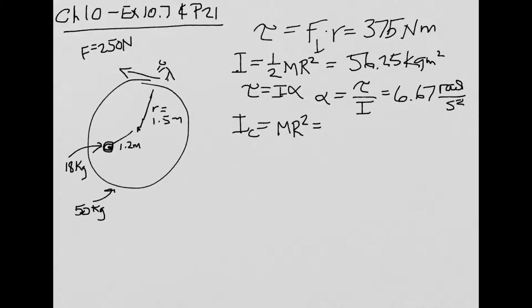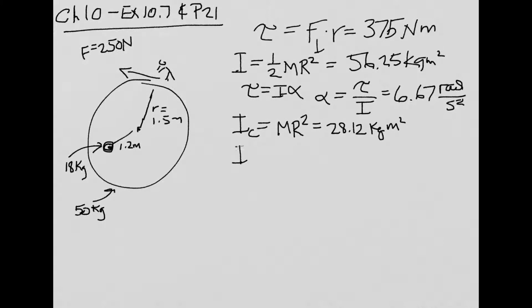In this case, it's an 18 kilogram child at 1.2 meters squared, and so we end up getting a moment of inertia of 28.12, and that's kilogram meters squared again.